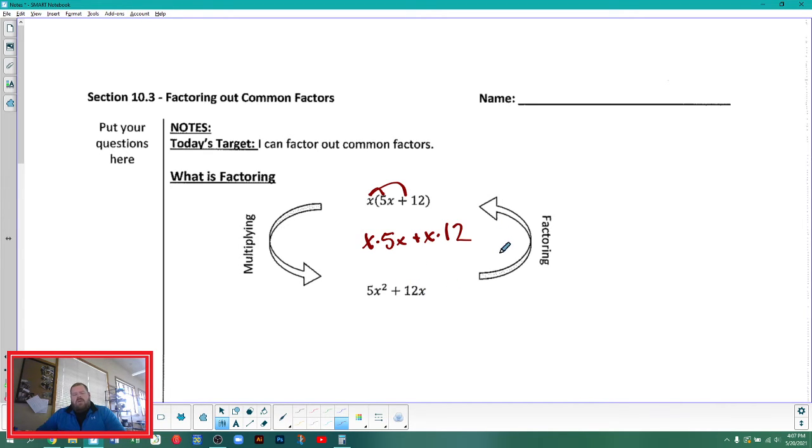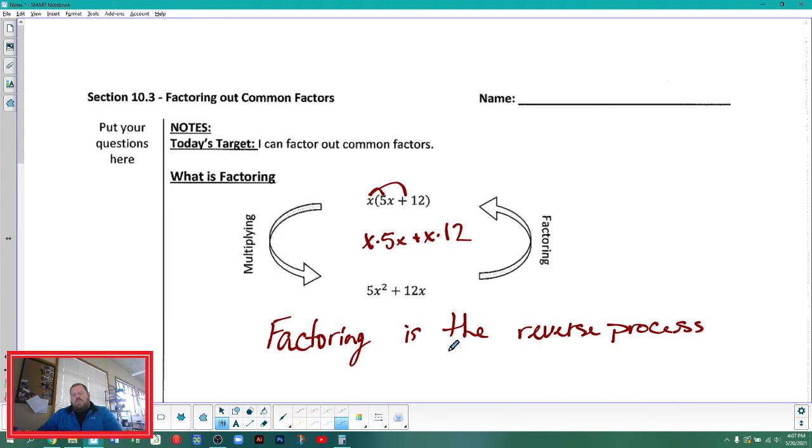So factoring is going the opposite direction of multiplying. Factoring is the reverse process of multiplying.